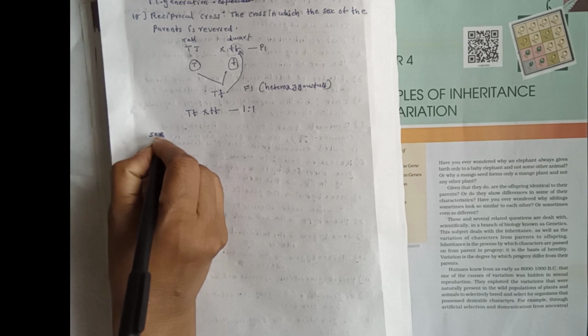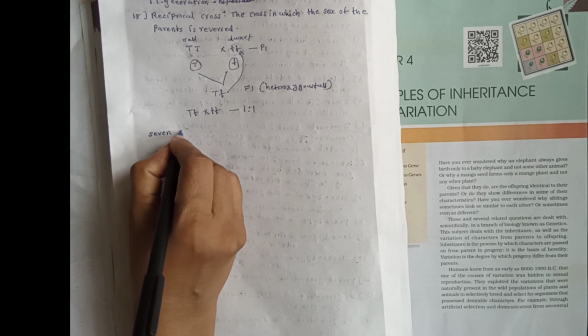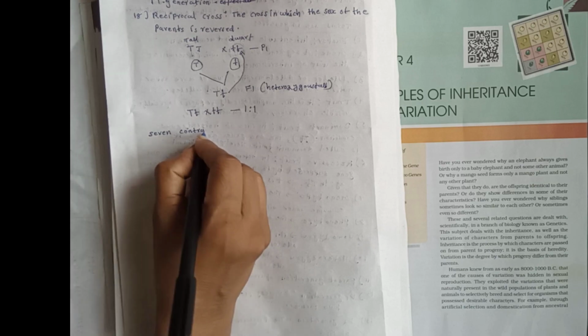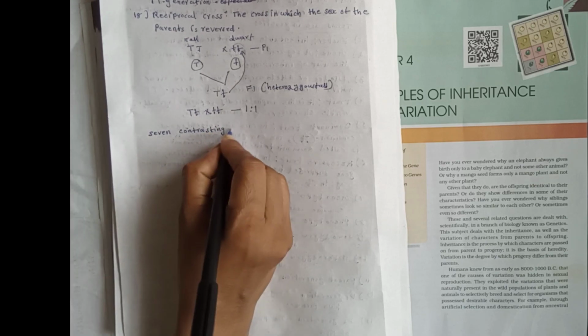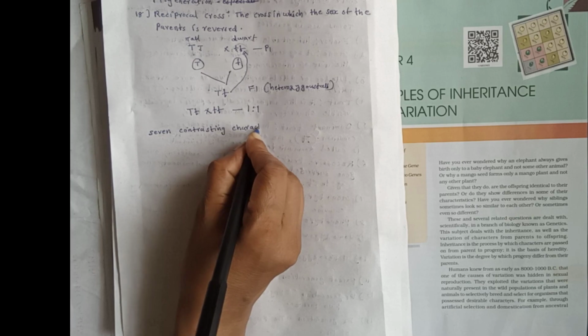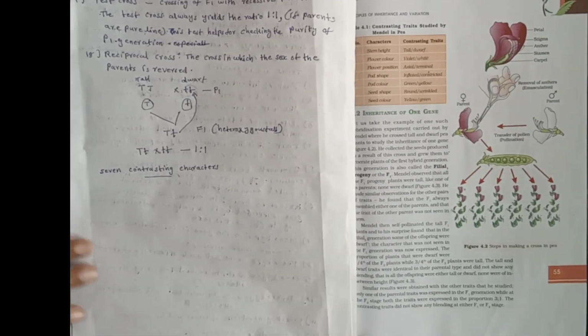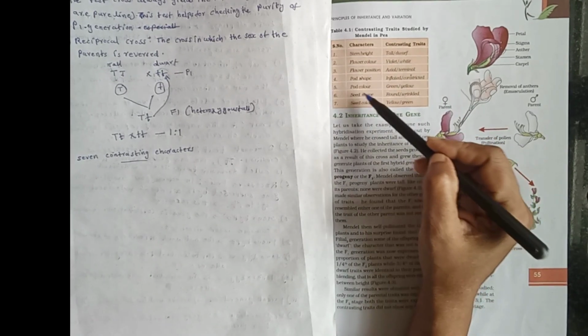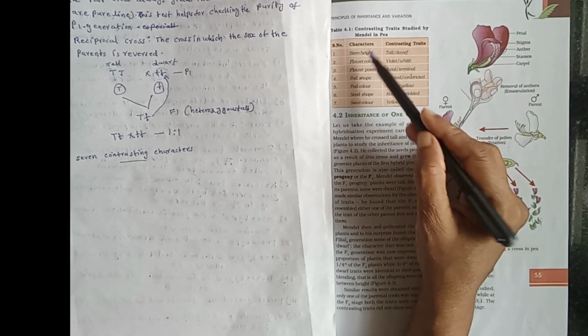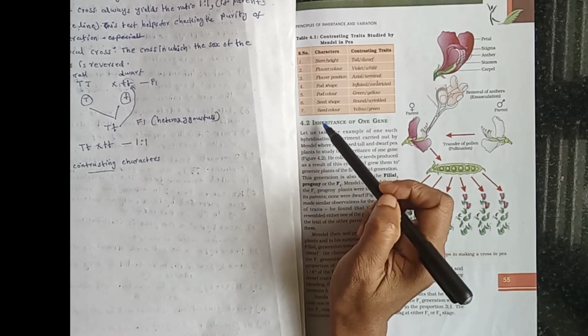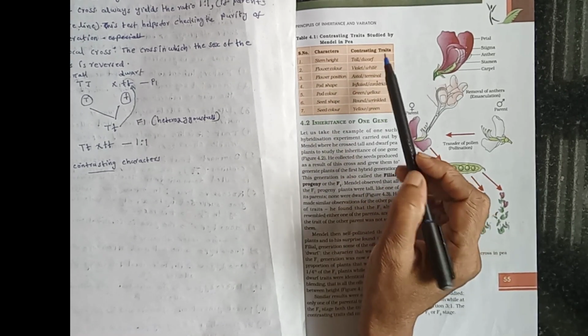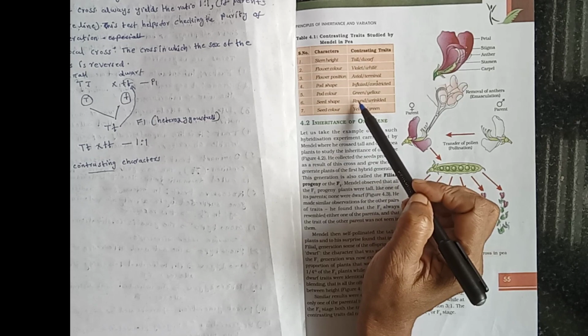Here are the 7 contrasting traits or characters used by Mendel. These are the 7 contrasting characters and these are the alternatives.